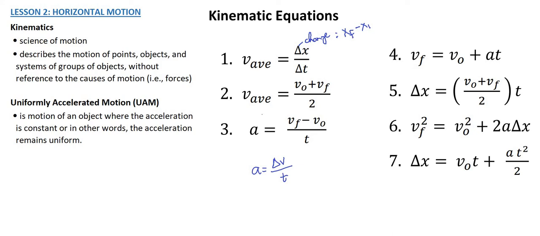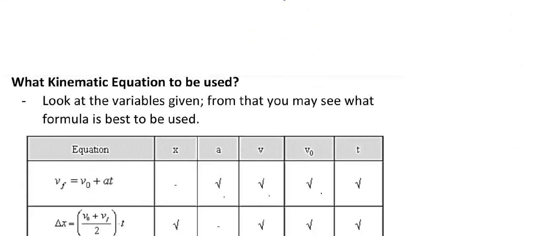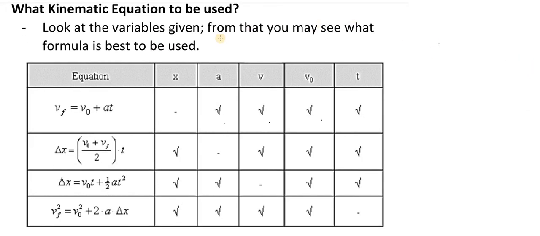Okay, so ngayon, the question is, paano malalaman ano yung formula na gagamitin kapag may sample problem? Okay, so if you have sample problems, you have to look into the variables given, and from that, you will see what is the formula that you are going to use. Say, for example, the givens are acceleration, final velocity, initial velocity, and time.